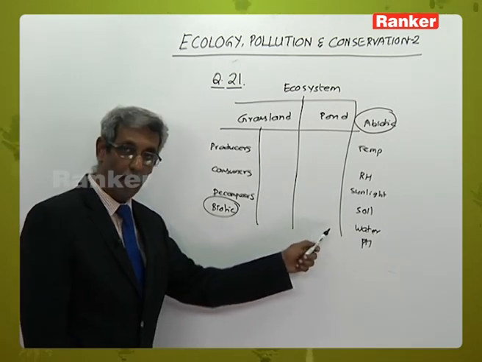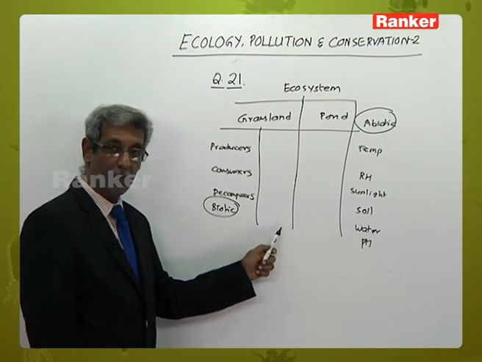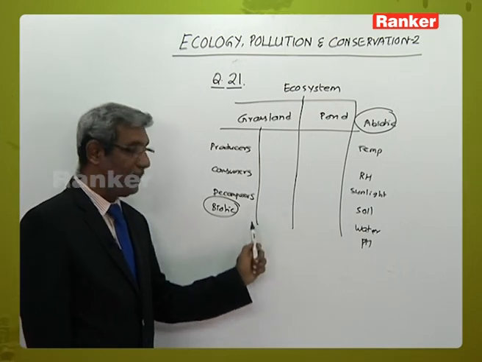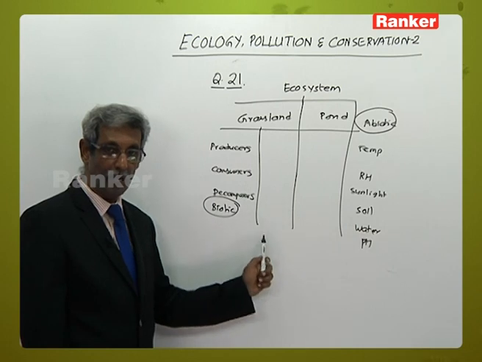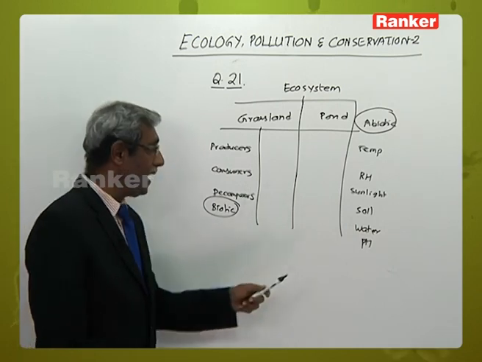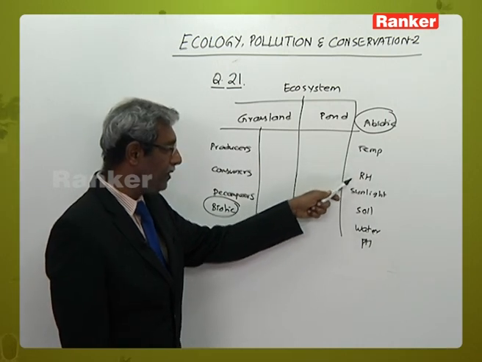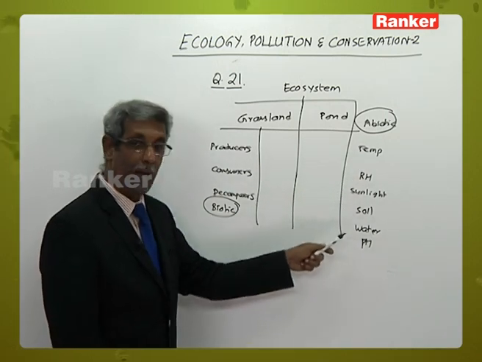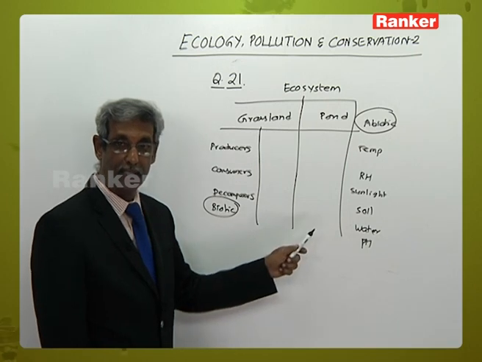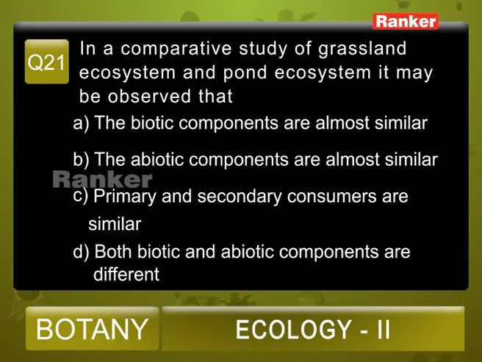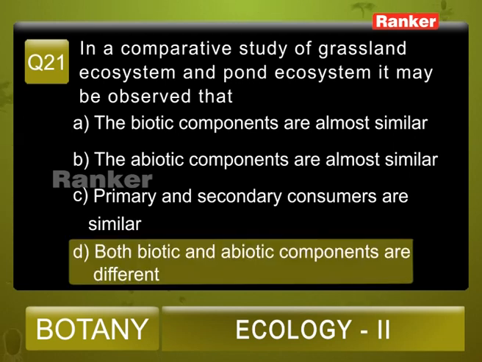So here we have aquatic bacteria, here we have terrestrial bacteria. Hence there is variation between the biotic and the abiotic components, and similarly in temperature, relative humidity, sunlight, soil, water and pH between both. The right answer is D, that is both biotic and abiotic components are different. The answer is D.